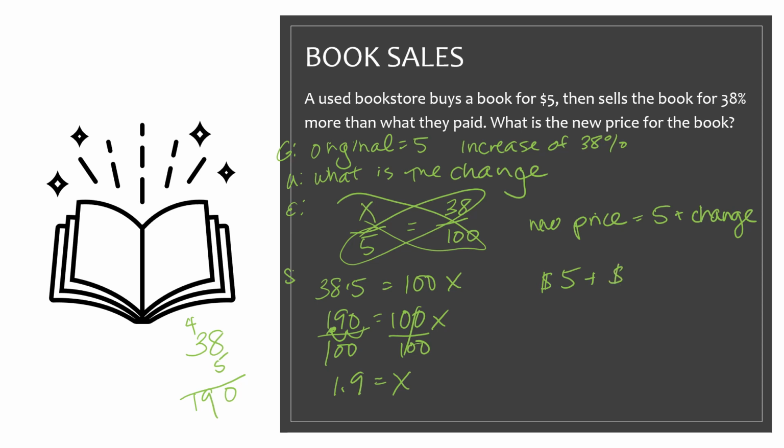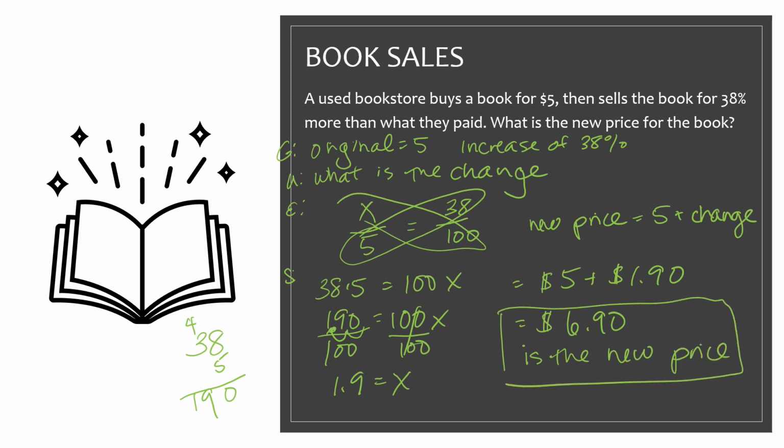Plus this change here, $1.90. So my new price is going to be $6.90 is the new price. And notice I'm writing it in a little sentence there. Boom. We did it.